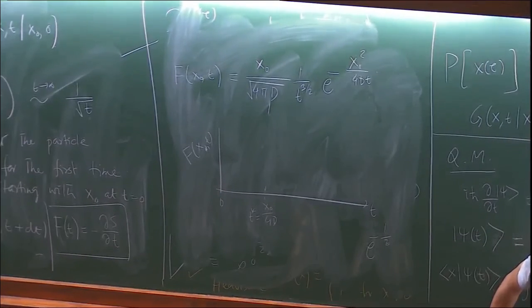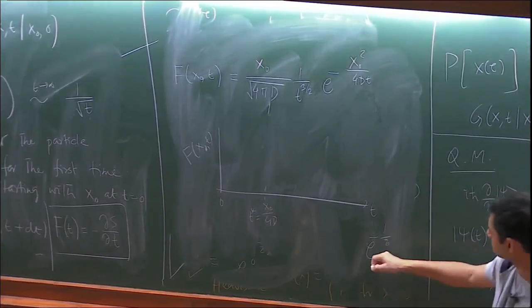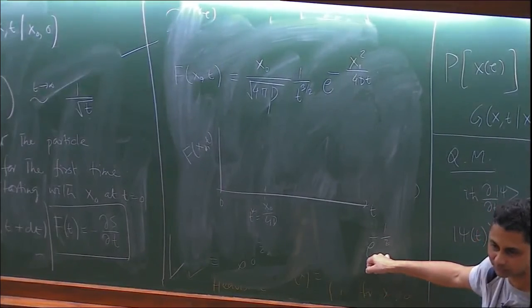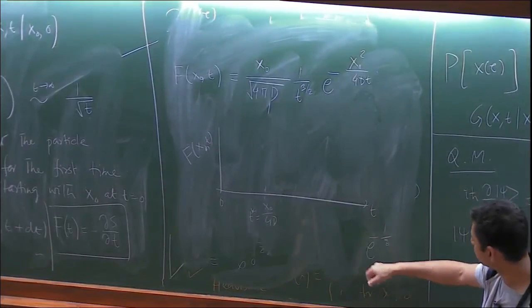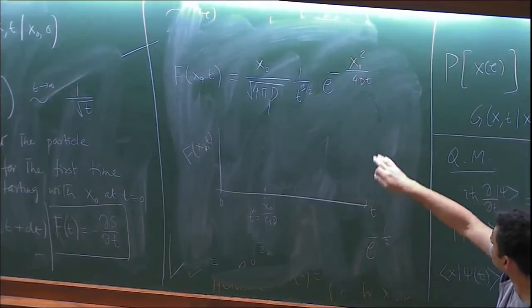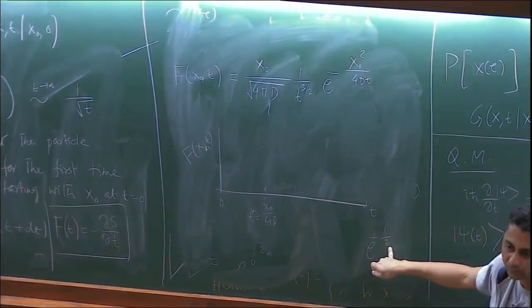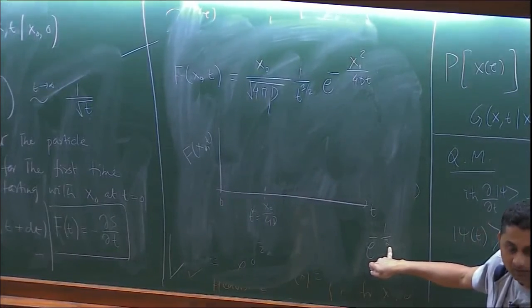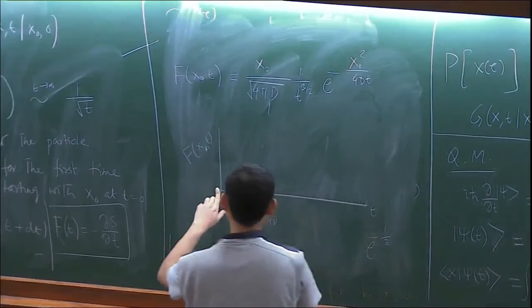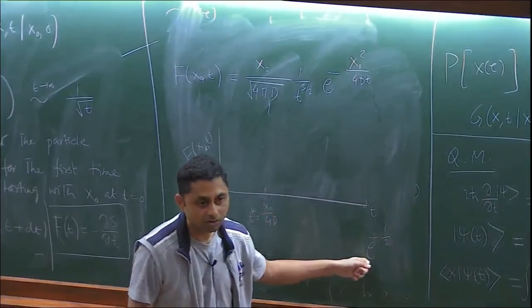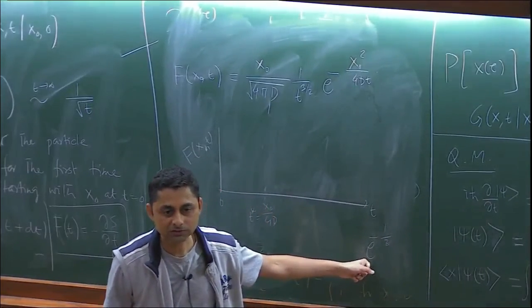So there is something called essential singularity, and this function has an essential singularity. The property is that when t goes to infinity, it reaches 1, right? But near the origin, all derivatives of this function vanish.